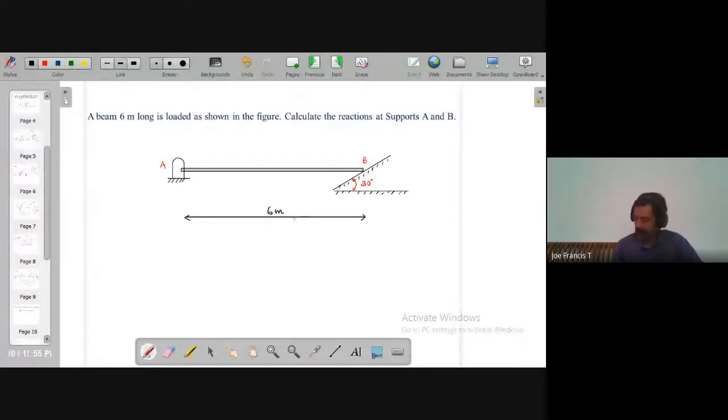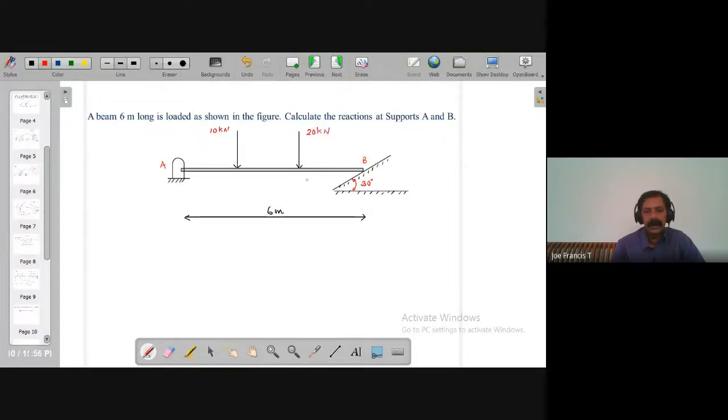Now there are two forces acting on this beam, 10 kilonewton and 20 kilonewton, at equal distances. So two forces act here, both vertical forces. One force is 10 kilonewton and the other is 20 kilonewton.